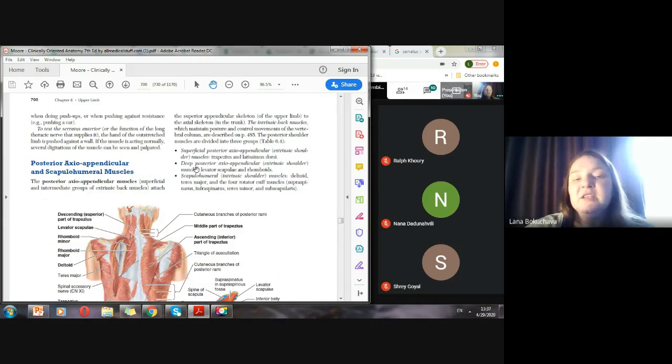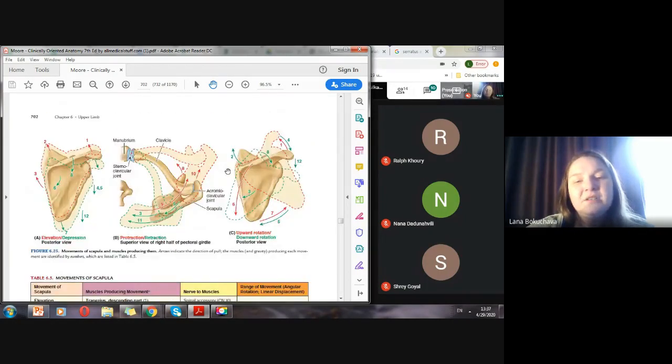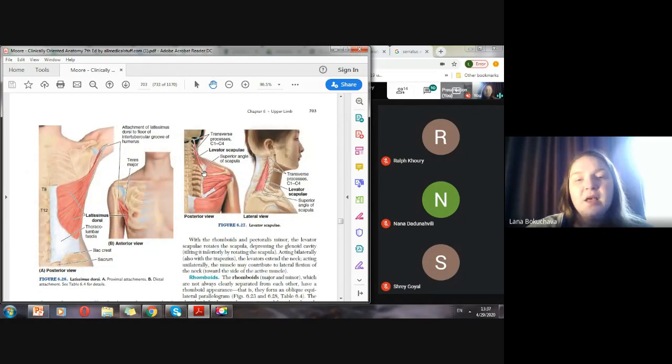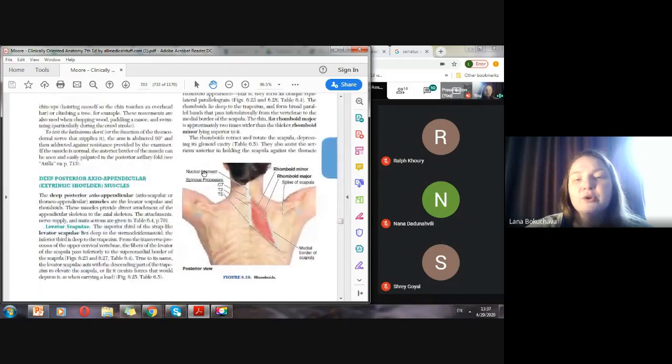The deep posterior axio-appendicular muscles are really very small muscles. This is, as you can see here, the levator scapulae, as well as the rhomboids here, and the rhomboids are also true axio-appendicular muscles, okay? I mean the posterior ones.